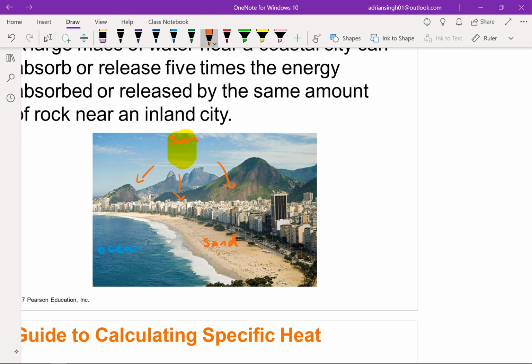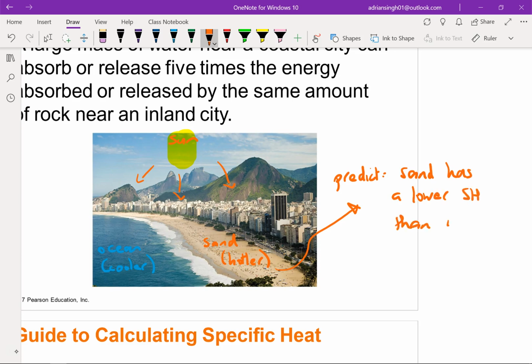All right, so both the ocean and the sand are being exposed to the same amount of heat energy from the sun, yet when you go to the beach, what you notice is that the sand, relatively speaking, is hotter than the ocean, which is cooler. So how can we explain that in terms of the specific heats of both of those things? Because the sand gets hotter quicker, we can predict, based on what we just talked about from that table, that the sand has a lower specific heat than water.